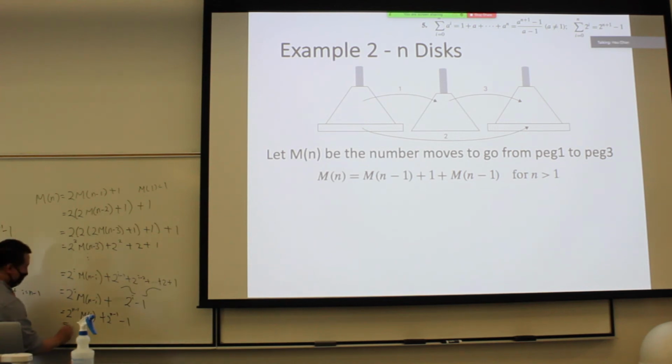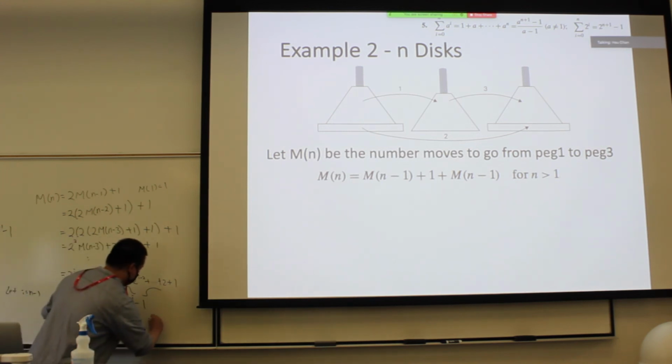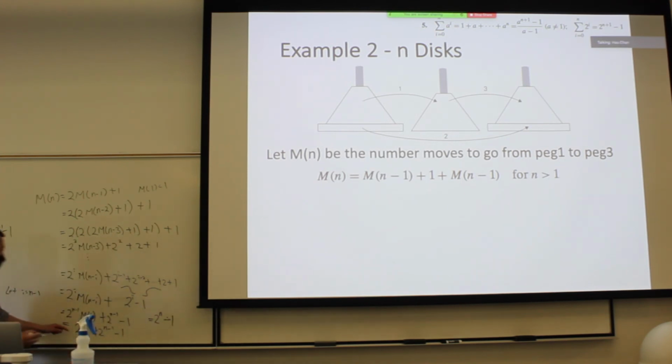So this part is 1. So you have 2 to the n minus 1 plus 2 to the n minus 1 minus 1. And then this part becomes 2 to the n plus minus 1, because you factor out, so you have 2 of these guys, so you have 2 times 2 to the minus 1. So 1 cancels out.